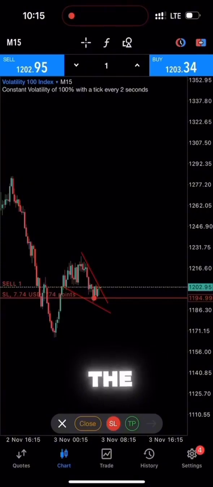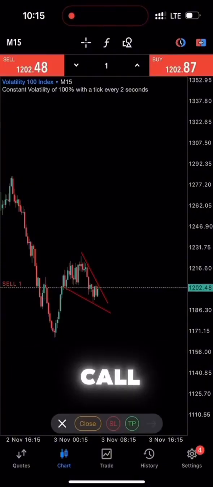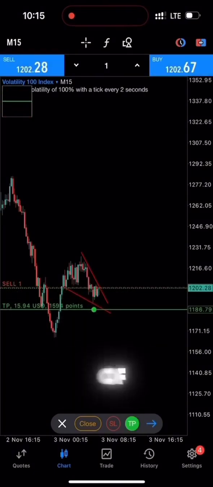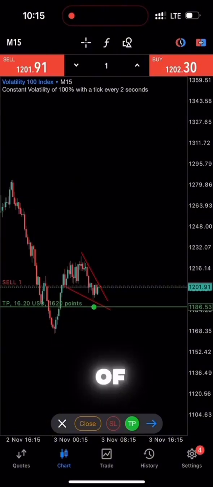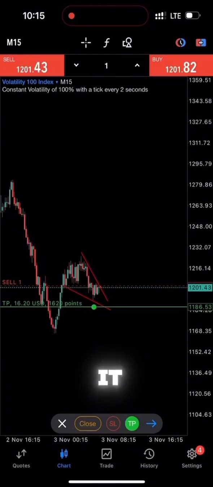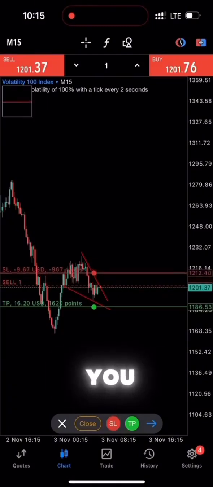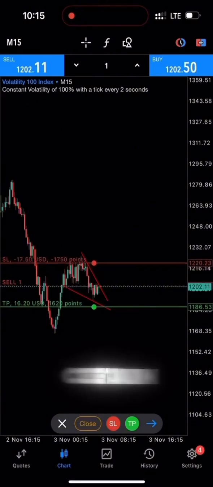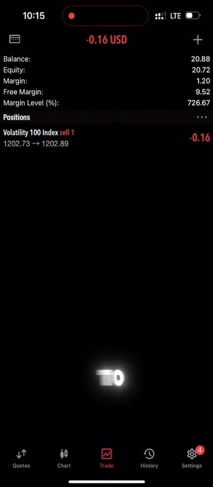Some call it the area of confluence, some call it a retest, some call it taking the stop losses of the early entries, the early buyers. Whichever way you put it, as long as it works for you, there is no certain language that you must use for it to work.